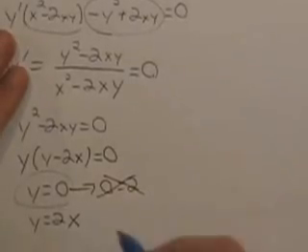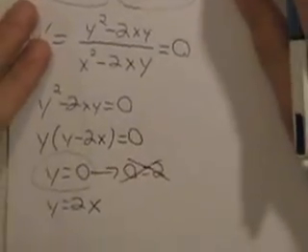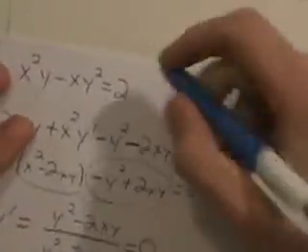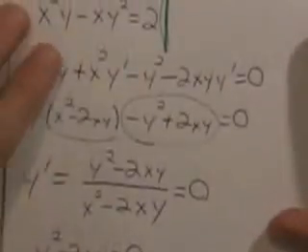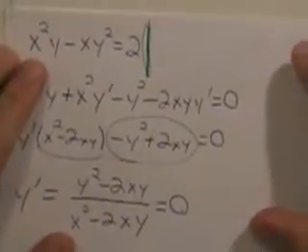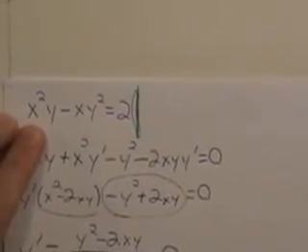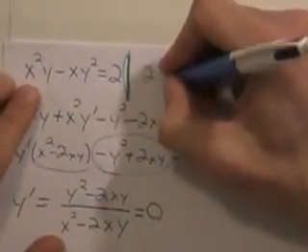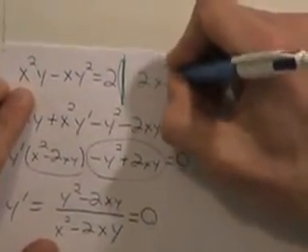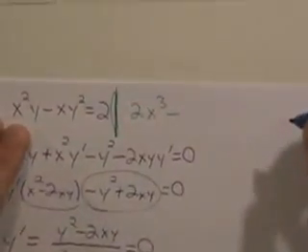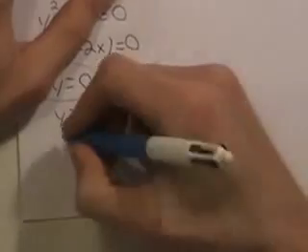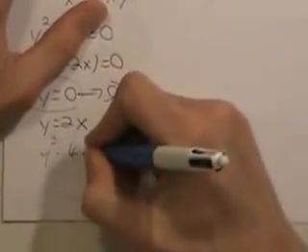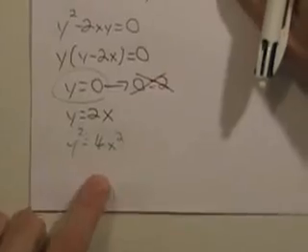Now, this I think is going to work. When you plug that back into the original, I'll do it up here. It was y equals 2x, so what used to be x squared y will now be 2x cubed, minus what used to be xy squared. When you square y, y squared is 4x squared, and multiplied by x, you get 4x cubed.